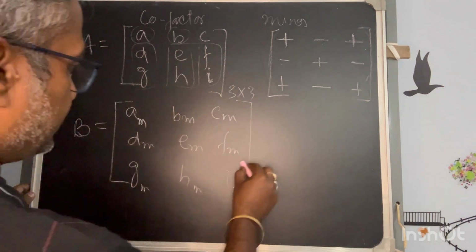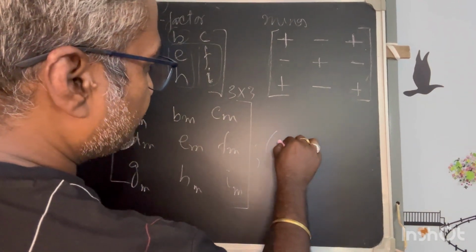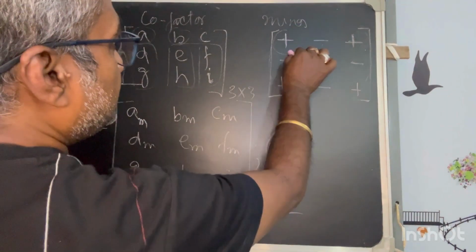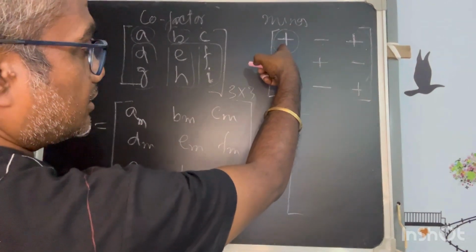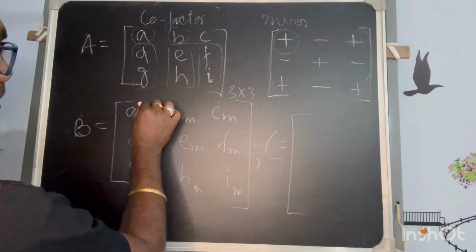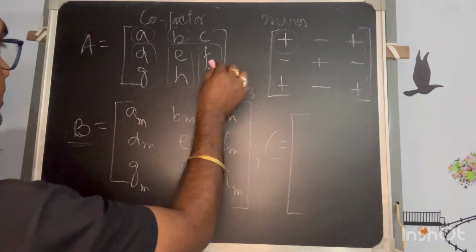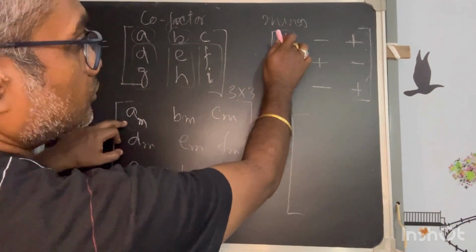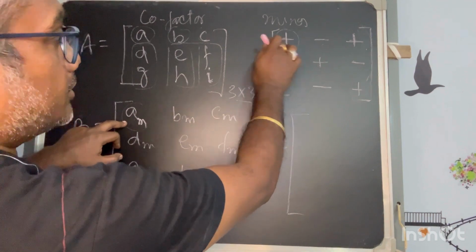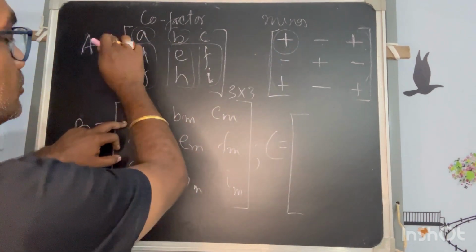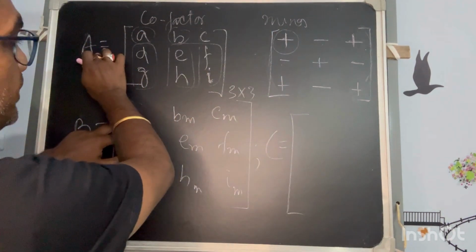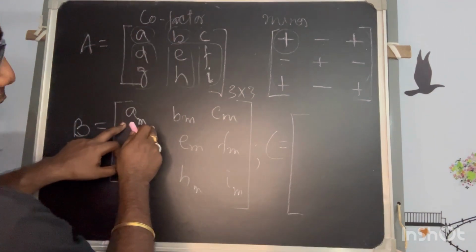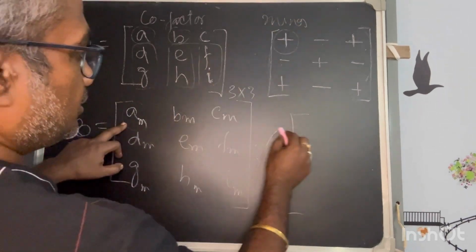Now, if I get another matrix, let's say C, which considers the sign of the position of the element multiplied into this element of the B matrix, where C is formed by taking the element into the sign of the element of the original matrix. So I will consider the sign of the original matrix as per their position, and the matrix formed by the minors. If I multiply this, what will I get?